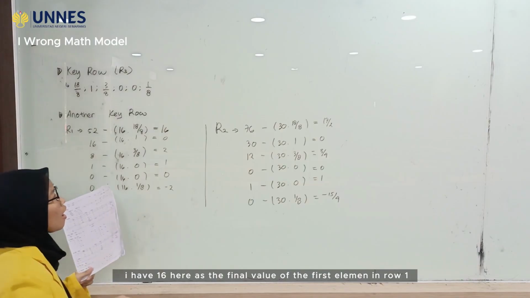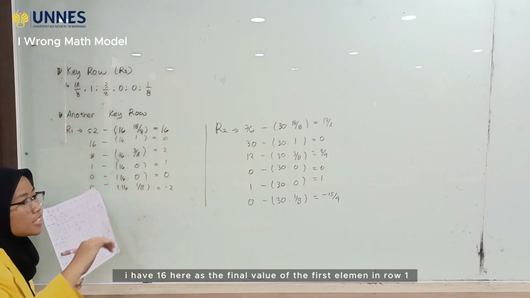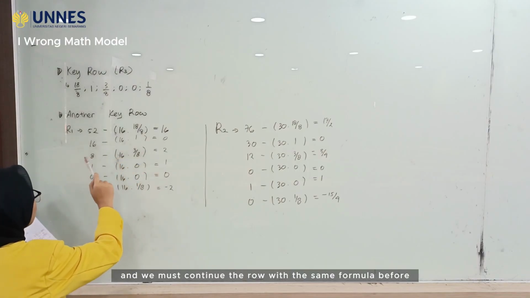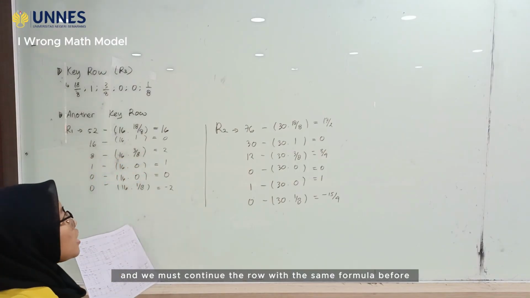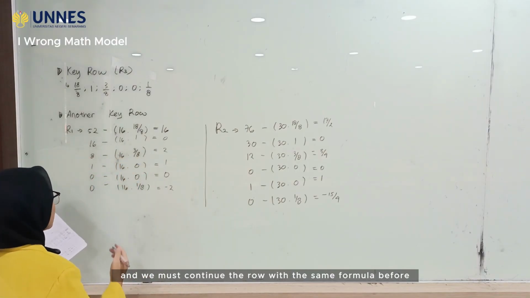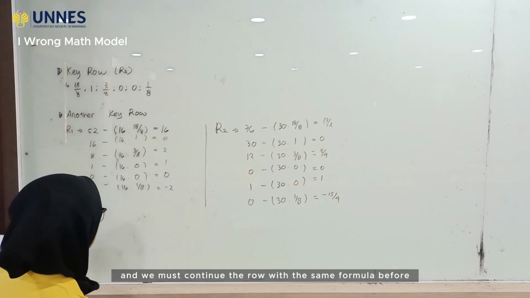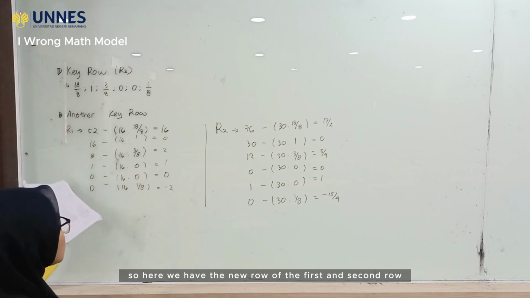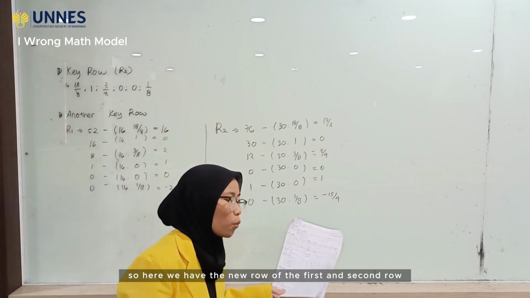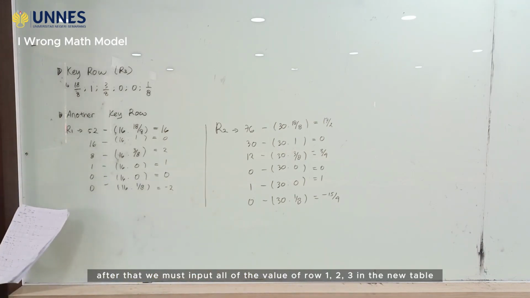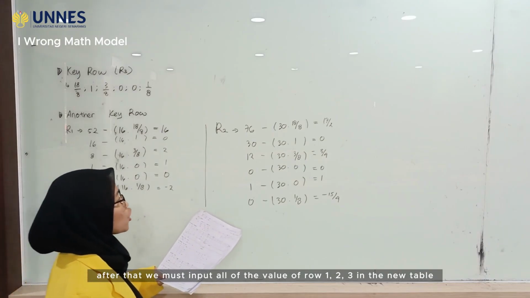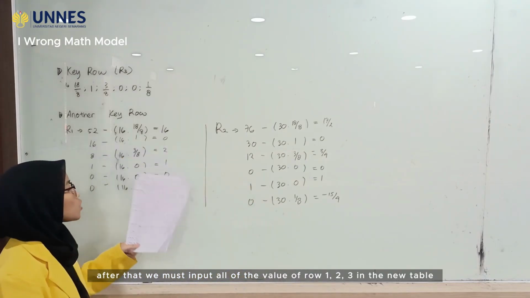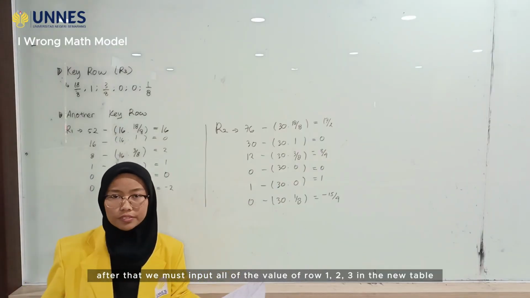So I have 16 here as the final value of row 1, and we must continue the other steps with the same formula as before. So here we have the new first row and second row. After that, we must compute all of the values in row 1, row 2, and row 3 in the new table.